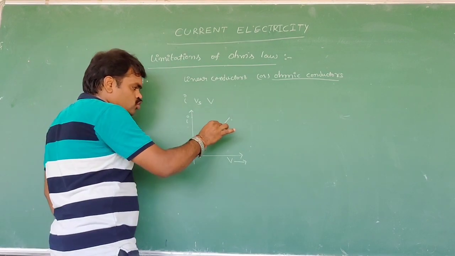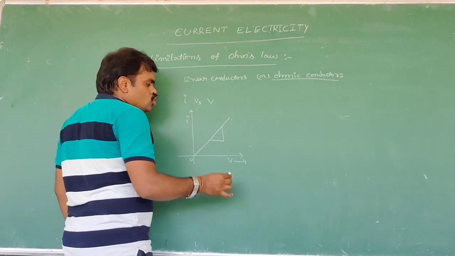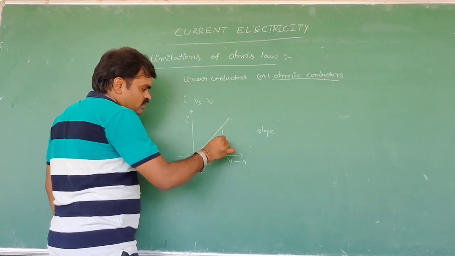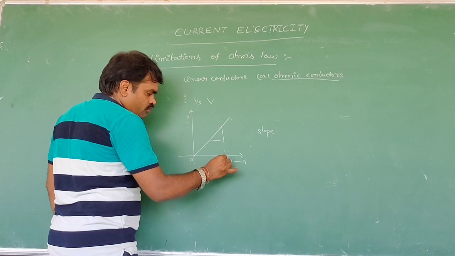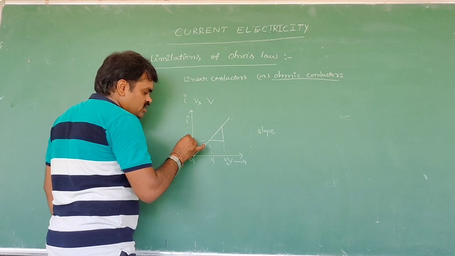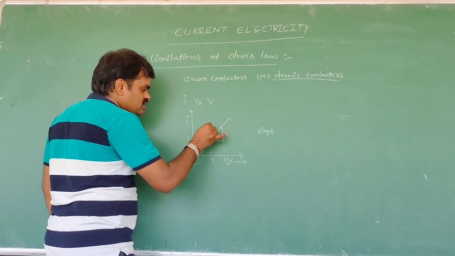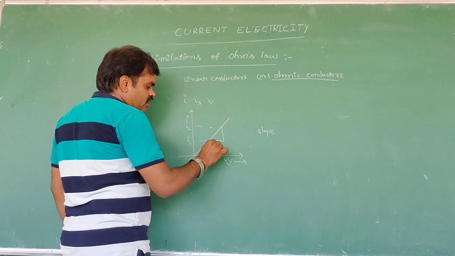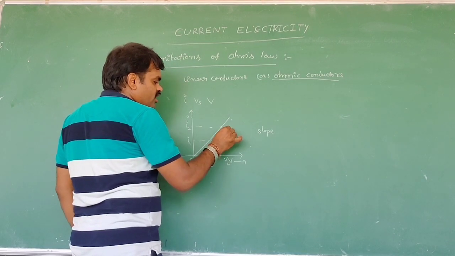Now we are finding the slope of this. Slope of the curve, that is, it is V2, it is V1, it is I1, it is I2. That is delta V, it is delta I.